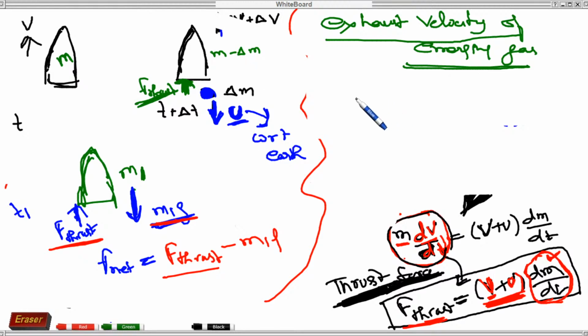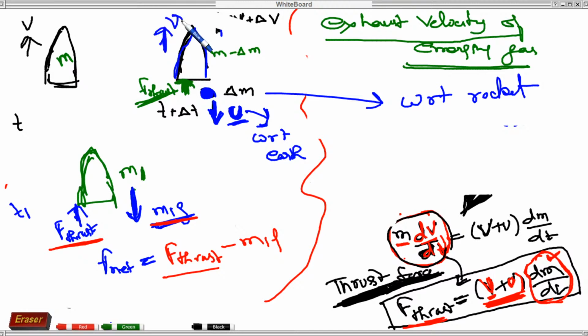The exhaust velocity is the velocity of this delta m with respect to the rocket, which means as seen from the rocket. The rocket is going upward with velocity v, and the gas is coming downward with velocity u.